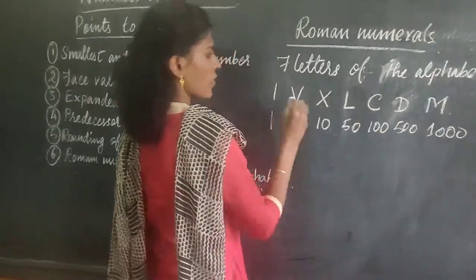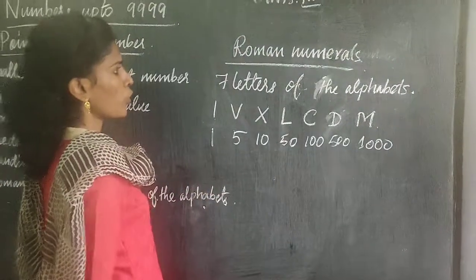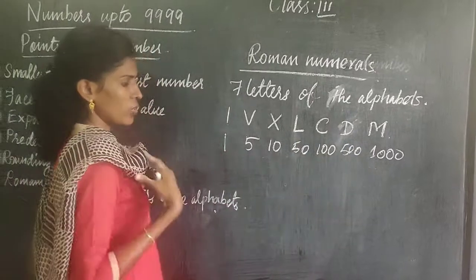So these are the 7 symbols, the English alphabets used for Roman numerals. Remember these 7 letters and their values, then it is easy for you.